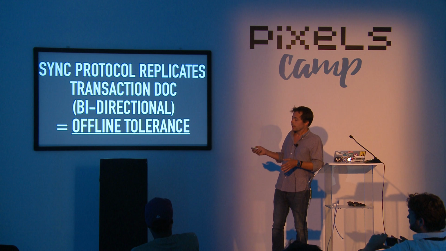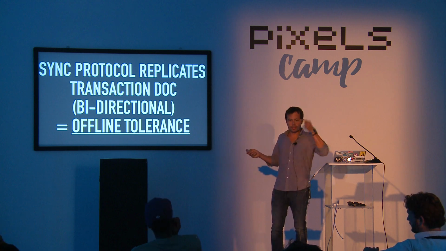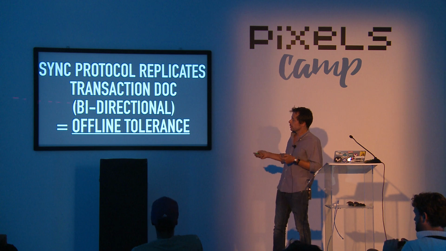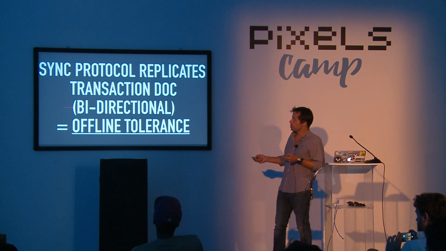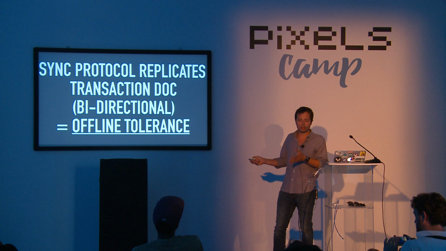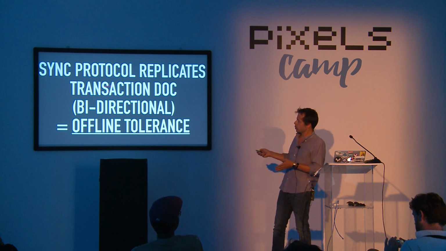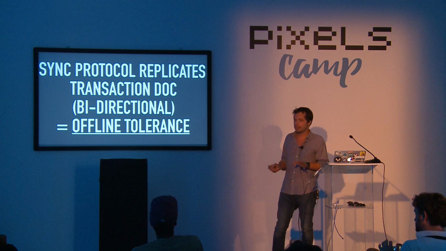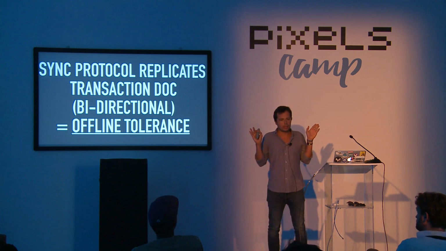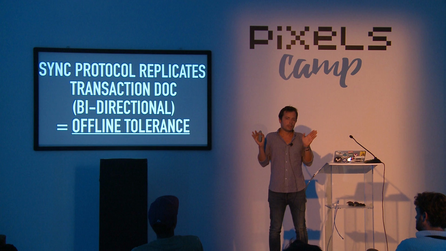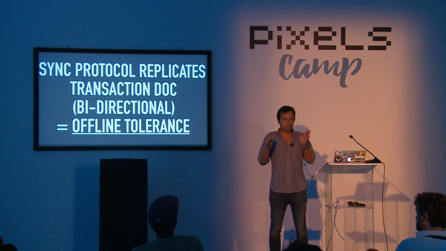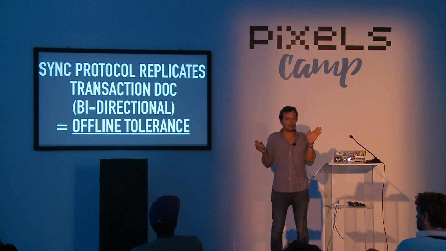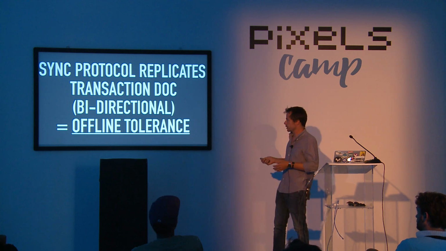So synchronizing both versions of the document, there is a sync protocol that replicates them bidirectionally, which gives offline tolerance to the application. So this protocol recovers from being offline automatically. So the application doesn't have to worry about being offline, other than just inform the user that, by the way, you're offline. That's why it's taking a bit longer than expected.